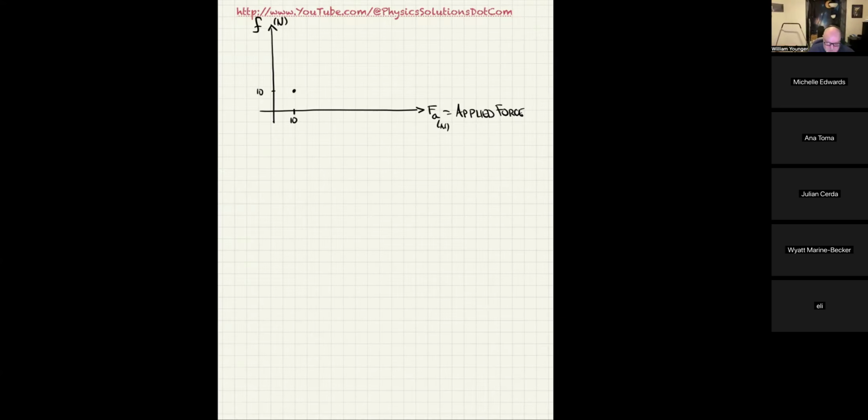So if we apply a 10 newton force, I'm going on the assumption that the 10 newtons is not sufficient to make it move. So it's smaller than the static friction force, and there's a maximum static friction force. Similarly, if you had a force of 5 newtons, then you would apply 5 newtons and you would get a friction force of 5 newtons.